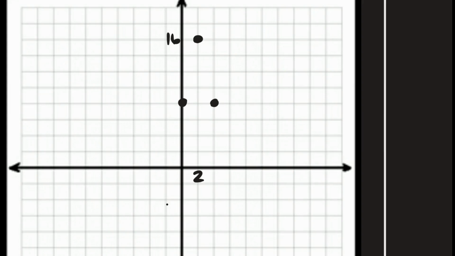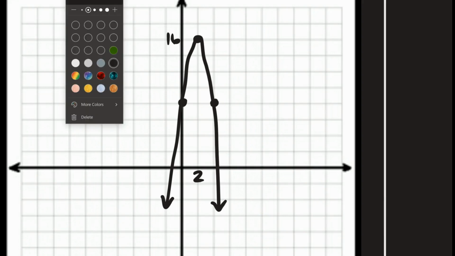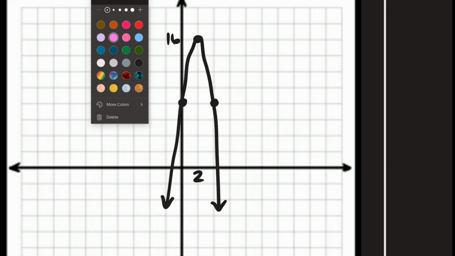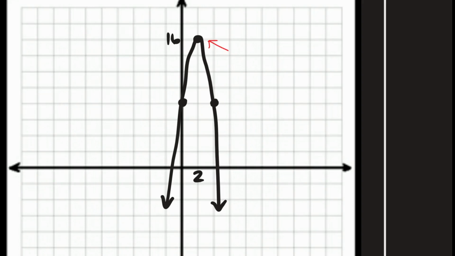And then quickly, I sketch my graph. So my vertex is 2, 16.